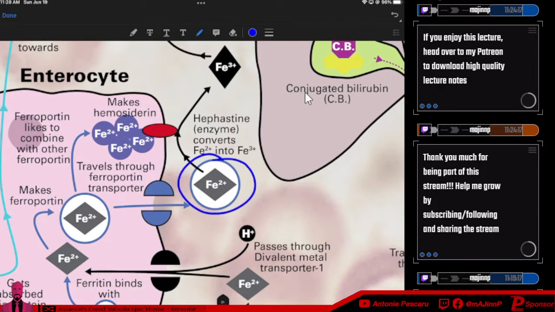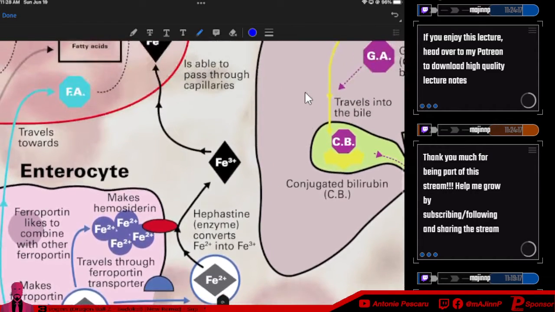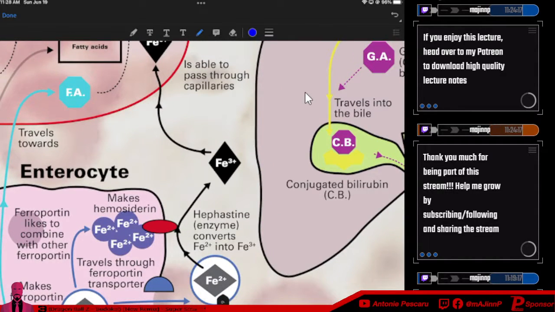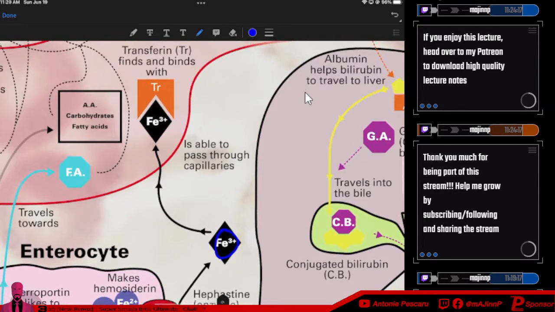Once it's outside in the interstitial space, it's going to get transformed by hephaestin, which is an enzyme that converts iron 2+ into 3+ again. I don't know why it does that specifically. I don't remember why, but it reconverts it back into iron 3+ to basically send it back into the bloodstream.